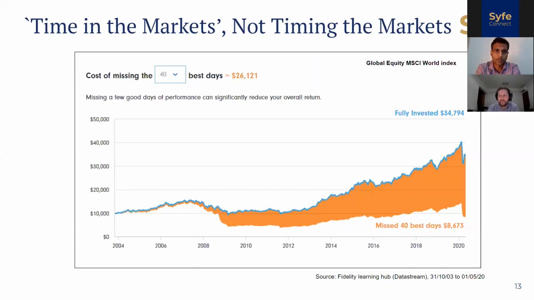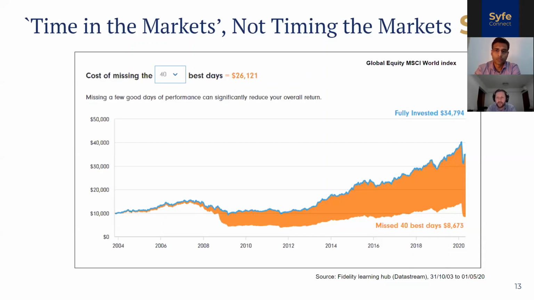This example particularly shows the global equity MSCI World Index market, but the same principle applies to any other equity markets, just with slightly different figures, or indeed any mixed asset investment as well. It's important to note that this same principle applies whether you are watching or waiting on the sidelines, or already invested in the market.